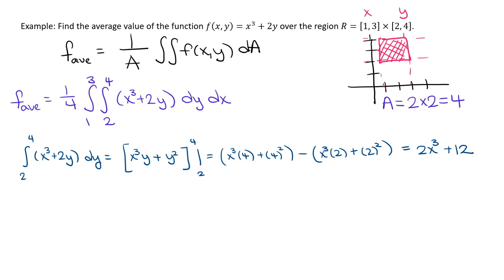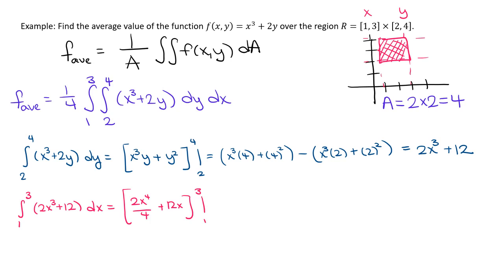I'm going to plug those bounds of integration in for the y's: plug in the 4, then plug in the 2, and then do some simplifying. I ended up getting 2x^3 + 12 when I was done simplifying.